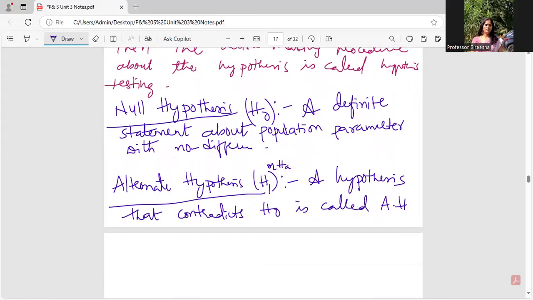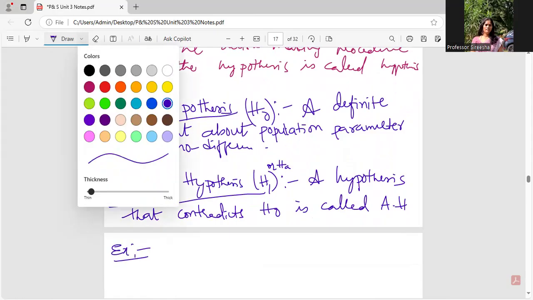H1 is the universal way. Just see, for example, how will I set a null hypothesis? Let us see.